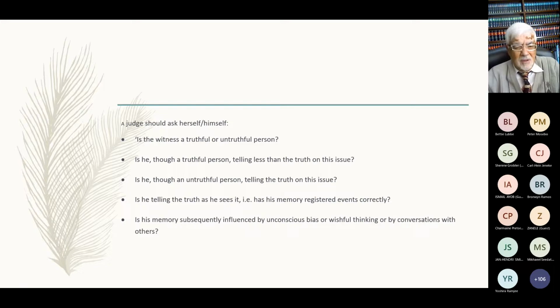When that happens, the witness is found to be untruthful. The judge will want to know is that although this is an untruthful person, this is generally an unreliable person, but he's actually telling the truth this time.